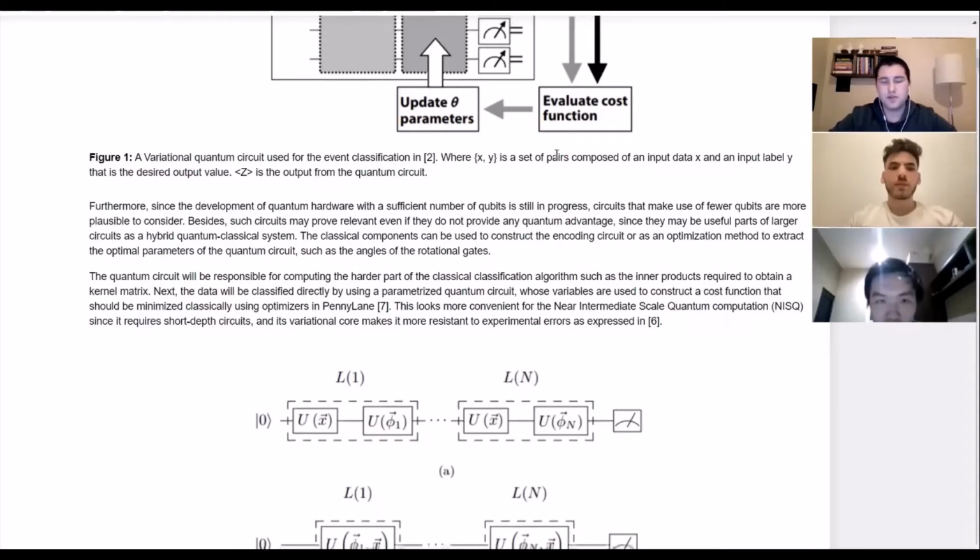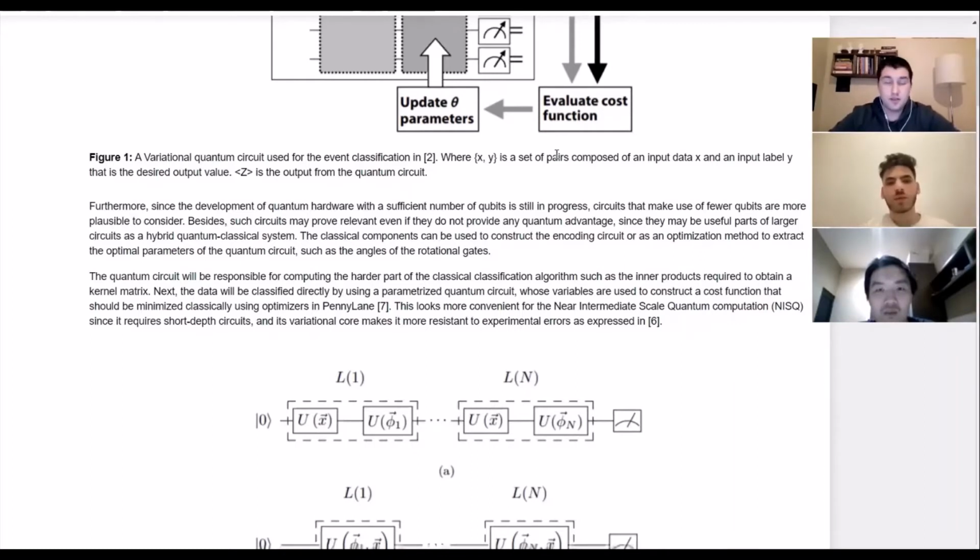So, for example, if we start with the state 0 and apply a specific unitary operation with different parameters, we will end up at a different point in the Bloch sphere. And applying more than one unitary operation will modify the state of the qubit this way.